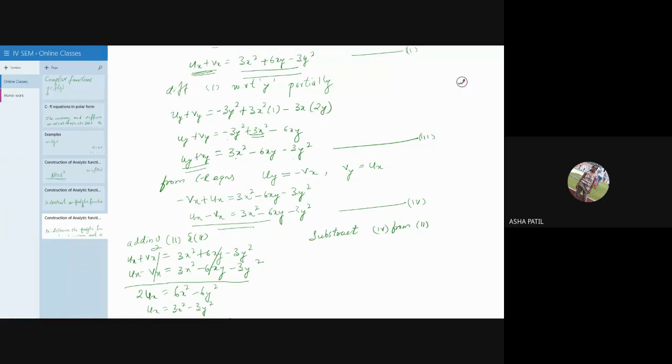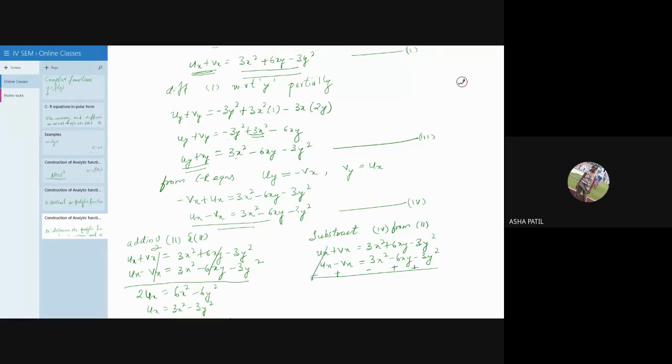So we'll write again equation 2 as ux plus vx is equal to 3x square plus 6xy minus 3y square. Now the fourth equation is ux minus vx is equal to 3x square minus 6xy minus 3y square. Now we have to subtract this. Let us change the sign: minus, plus, again minus, plus and plus.